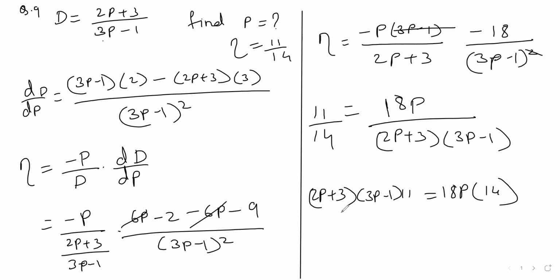So we have to solve this. Sorry, by mistake I wrote 18, actually it is 11, because minus 9 and minus 2 make 11. Obviously this 11 and this 11 will get cancelled, so you will get 6P minus 2P plus 9P minus 3 is equal to 14P.